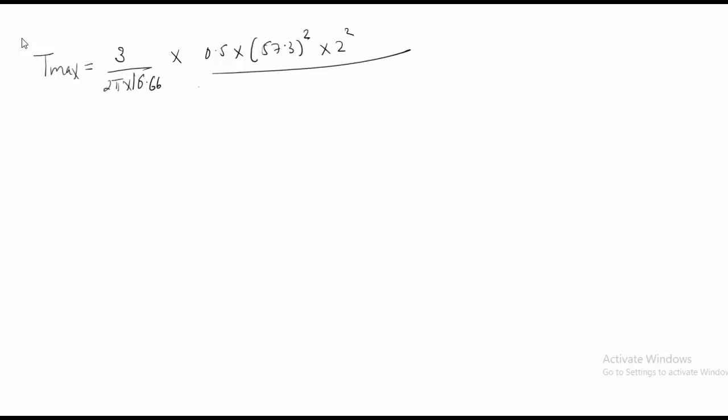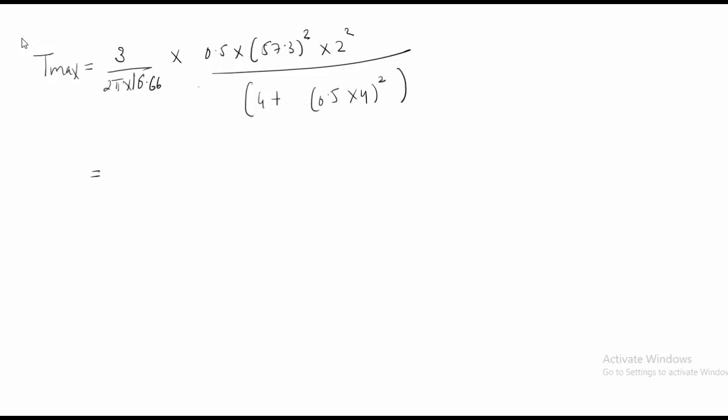And next, calculating the torque at this slip. T max can be given by two formulas. Taking the previous formula which we had, it is 3 divided by 2 pi into 16.66 into 0.5 into 57.3 whole square into 2 square, divided by 4 plus 0.5 into 4 whole square.